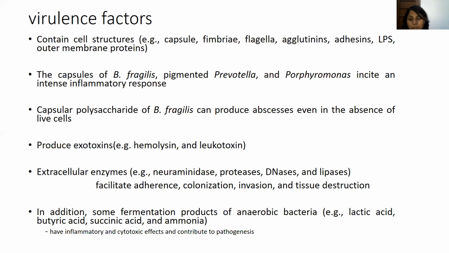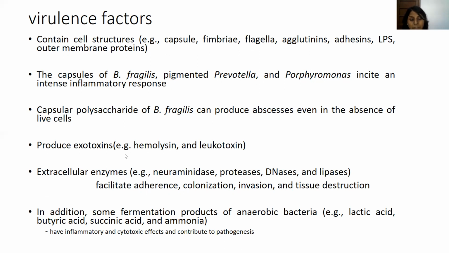The capsule of Bacteroides fragilis, and the pigmented Prevotella and Porphyromonas, can incite an intense inflammatory response in the host. The capsular polysaccharide of Bacteroides fragilis can produce abscess even in the absence of live cells.